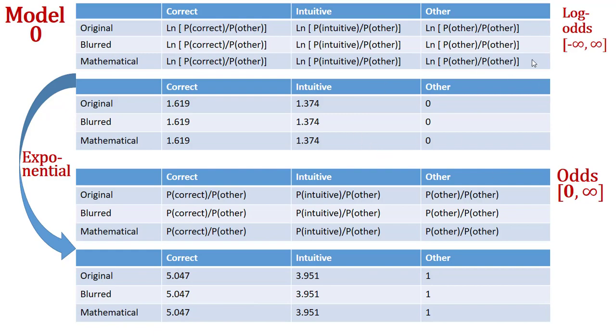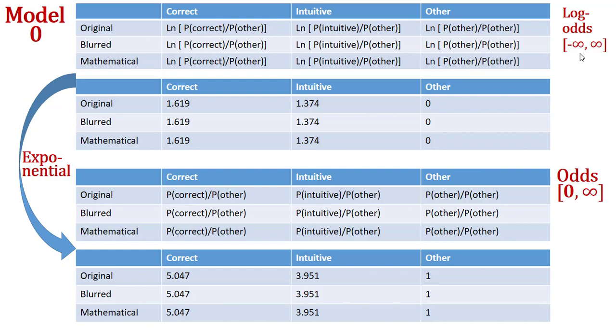We want to obtain log odds which are bounded from minus infinity to infinity. Why is that? Well, because if you want to do a linear model, the linear model will give you values from minus infinity to infinity. Typically, the distribution we use for predicting the possible values of data is the normal distribution, and you know that the normal distribution is bounded from minus infinity to plus infinity.